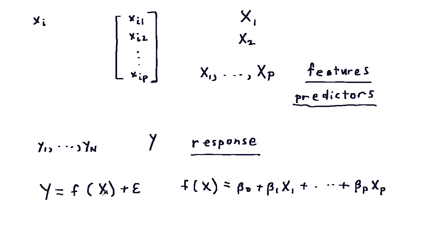Okay, now here epsilon is called the error term. And beta 0 through beta p, those are called parameters.